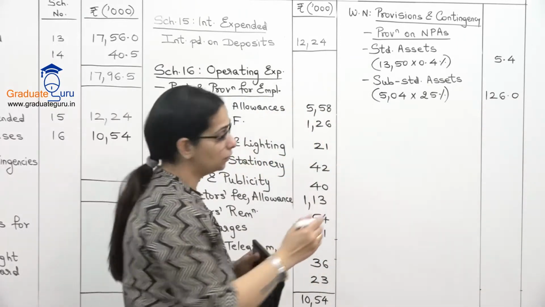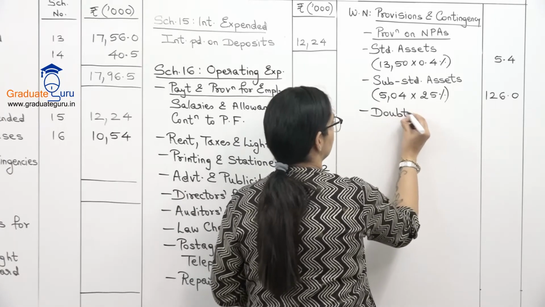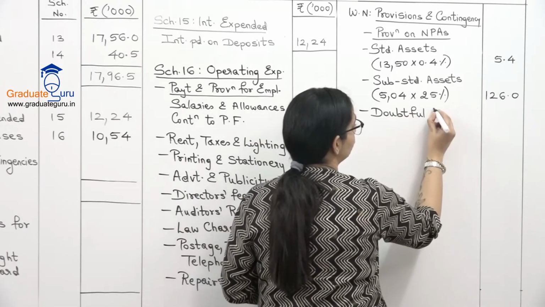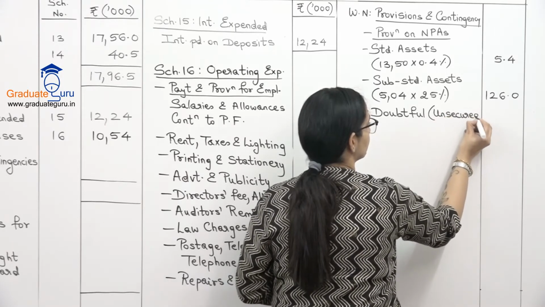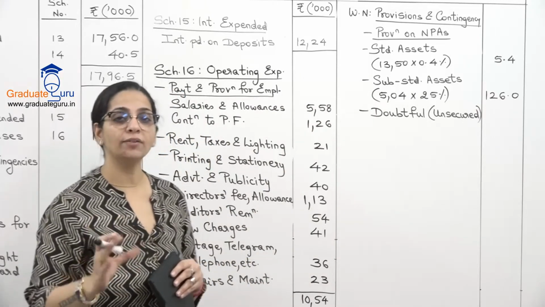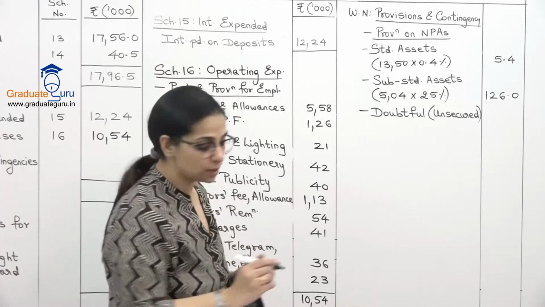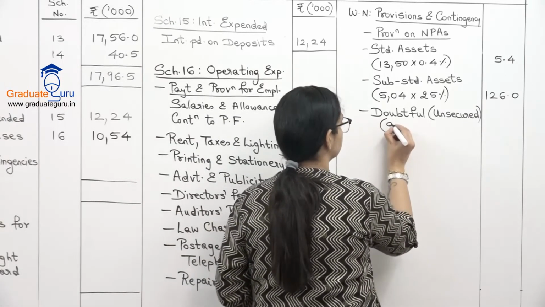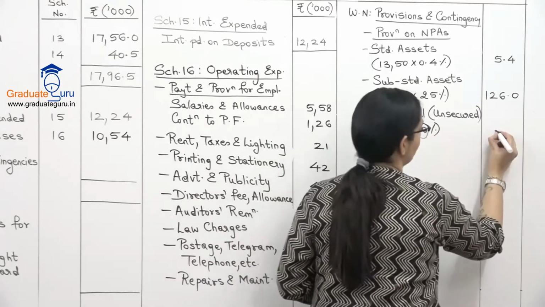Then we go to doubtful. And in doubtful, the first one is unsecured. And doubtful में जब भी unsecured है पूरा 100% you have to make a provision. So doubtful unsecured is 90 into 100%, which is 90.